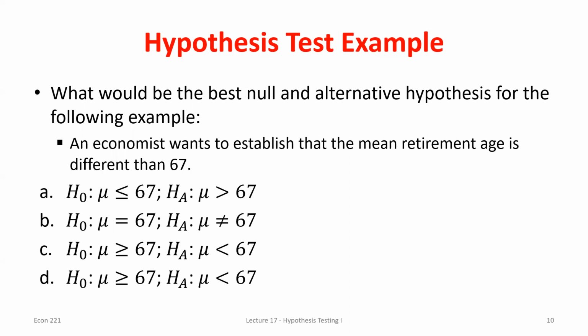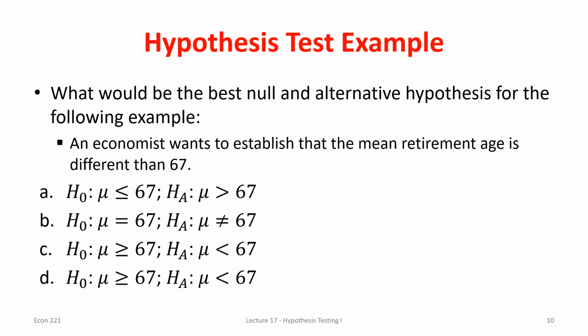If I want to test for whether or not it's different than 67, what I'm really saying is that the true population mean is different than, not equal to 67, right? That's what I'm trying to test for.